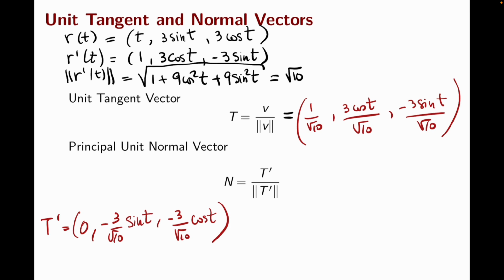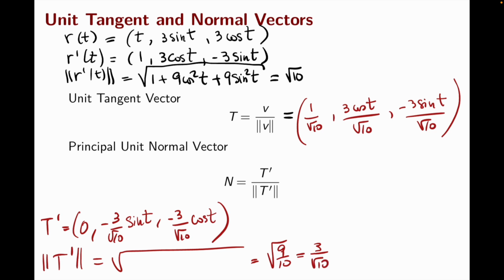Then we also need the norm of this vector, so we calculate the norm of this derivative, which is going to be the square root of this squared plus this squared plus this squared. We do all these operations and we get that this is just the square root of 9 over 10, which is 3 over square root of 10.